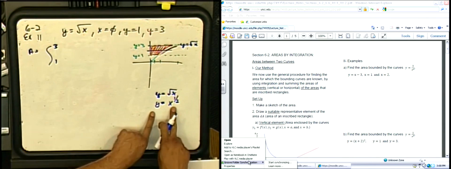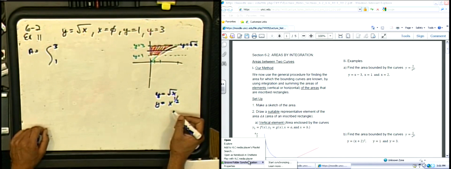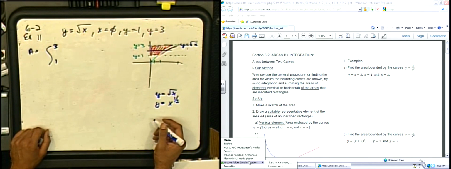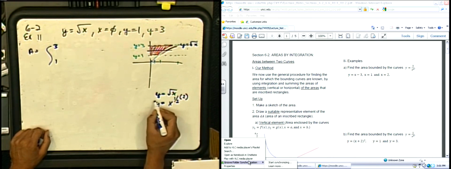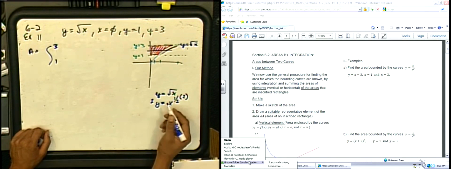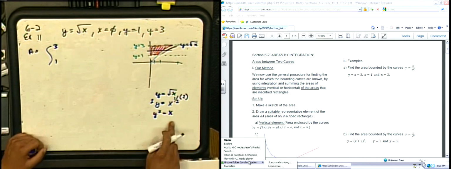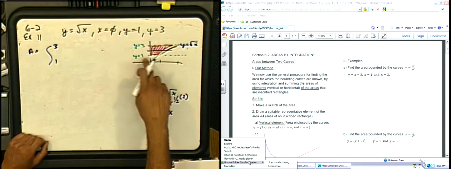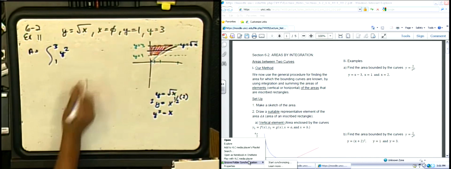So we basically need to flip it, solve for x instead of y. So if you square both sides, y squared equals x. Because we're doing it horizontally this time. So y squared is what goes in our equation.